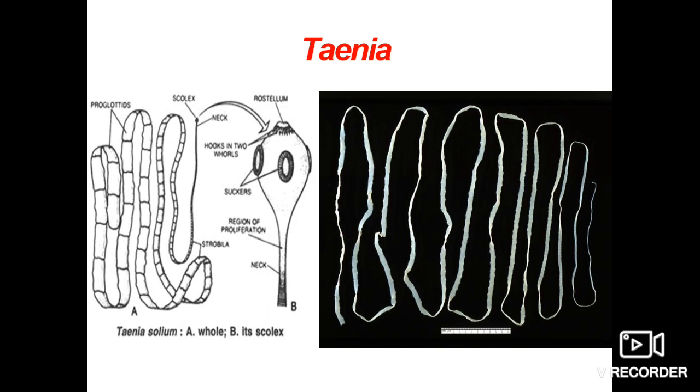You can see the clear tapeworm-like structure in this diagram that contains proglottids, scolex, rostrum, neck, and a clear head portion.